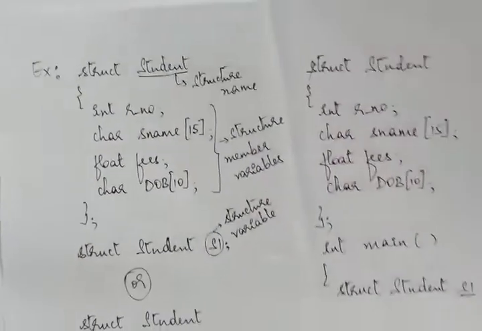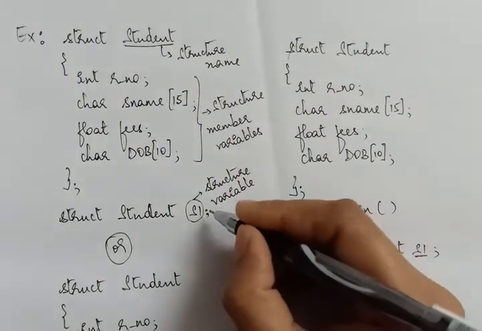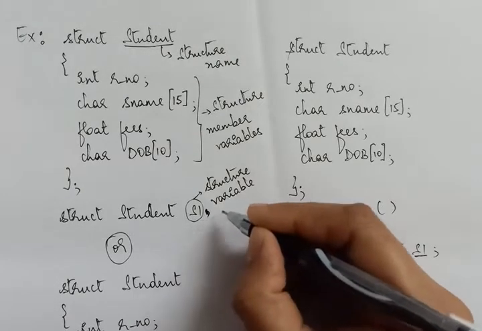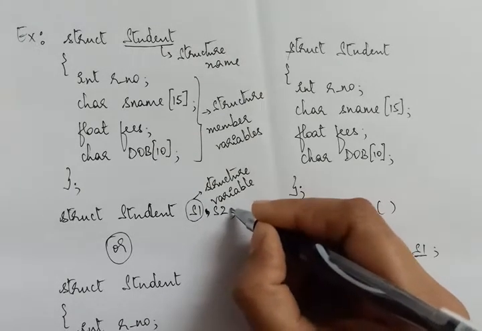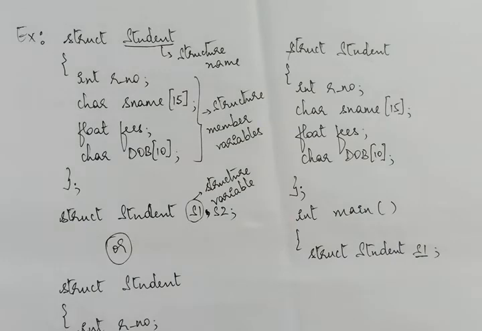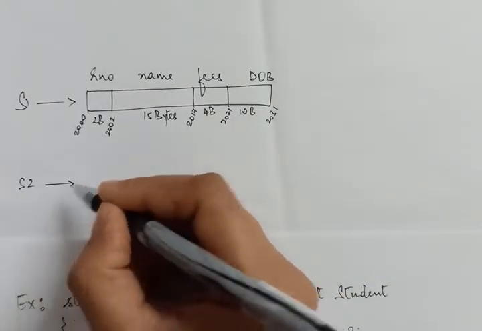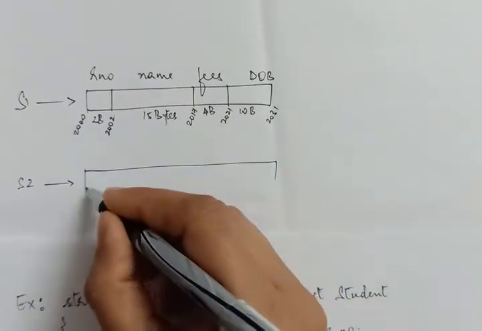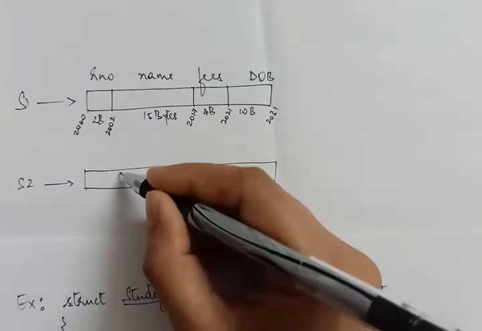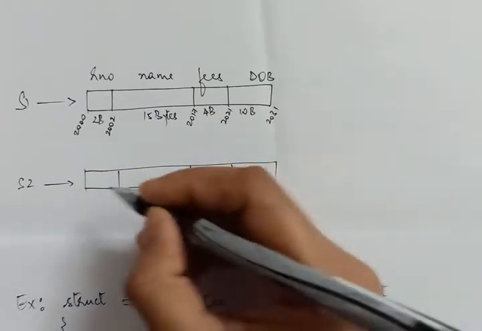Say suppose there is another variable called S2. Then what happens? Again S2 gets memory allocated for the respective structure members this way.